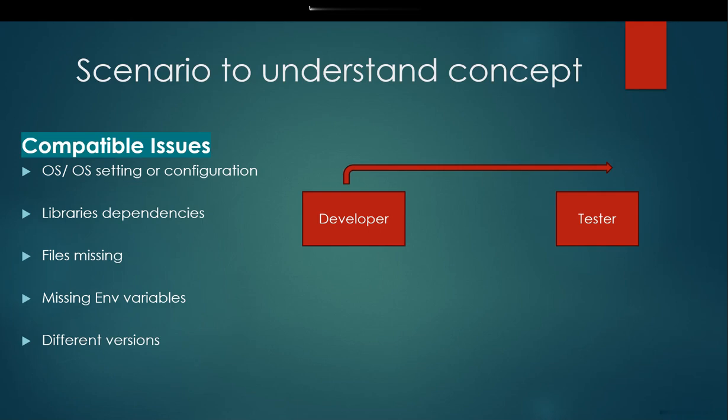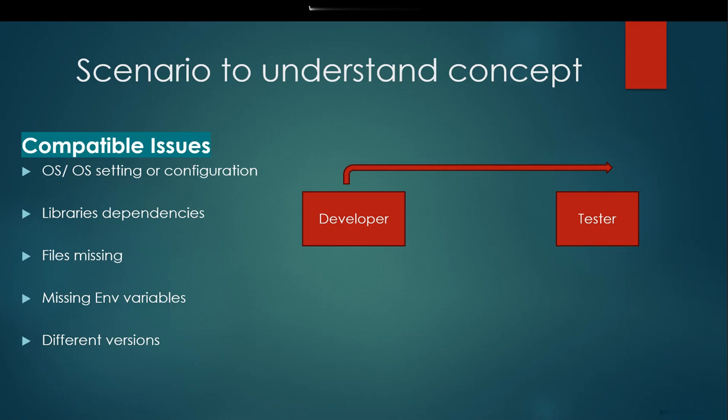So what is the solution for that? What can we do so that whatever the developer has created should work everywhere? So the answer is Docker actually. What Docker does basically, whatever application we have created, we merge the application code with the libraries, dependencies, the runtime, and the system tools.